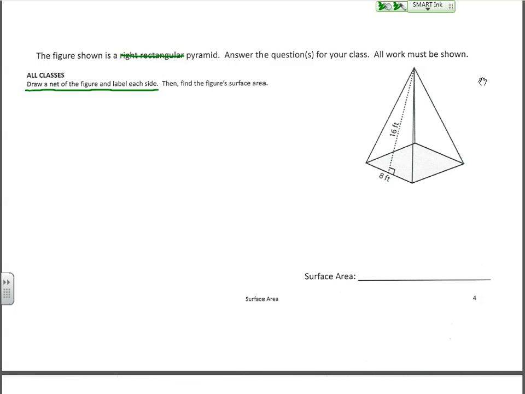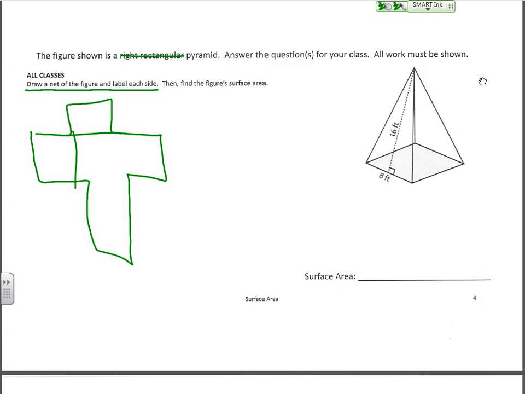Okay. The drawing of the net and the labeling each side, on your last math packet, a lot of you underlined that, like I just did here, but then you didn't do it. Either you drew the net, which on packet 2 anyway, looked kind of like this, and you just left it like that, right? You drew the net, but it's not labeled.